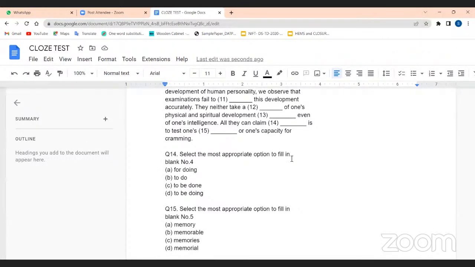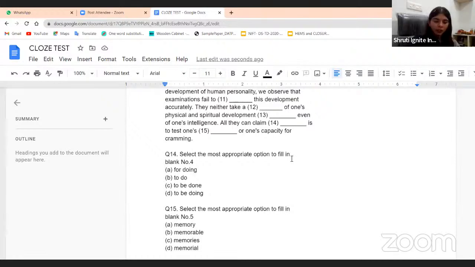Memory. Now, 14. To do. To do, no. To be doing, right? To do. Okay, all they can claim to do. All right. Yeah. The formation of the sentence asks for that. All they can claim to do is to test one's dash.